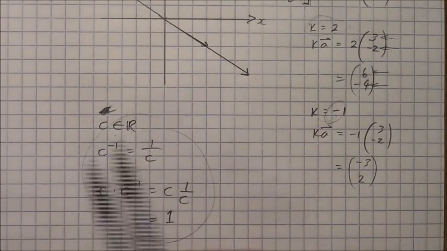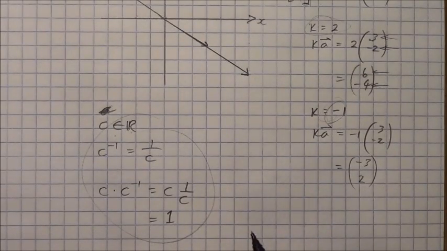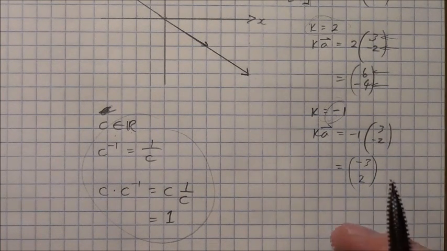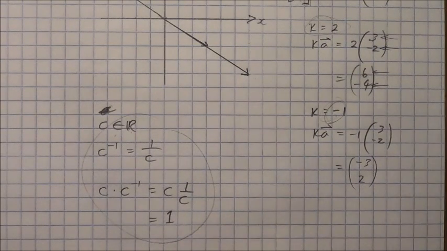So that's a special sort of property. Instead of dividing, we multiply by the inverse of the constant, which acts as division.